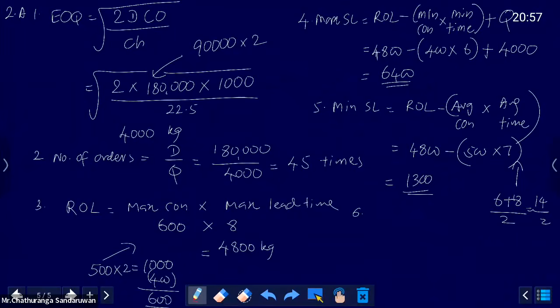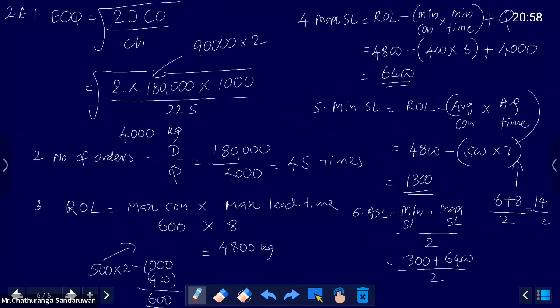And then sixth one, average stock level. One formula is minimum stock level plus maximum stock level divided by 2. Right? Minimum stock level is 1,300. Maximum stock level is 6,400.